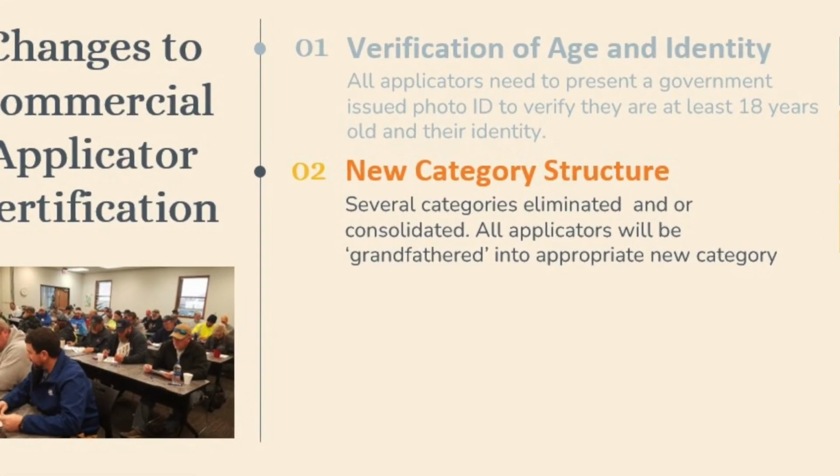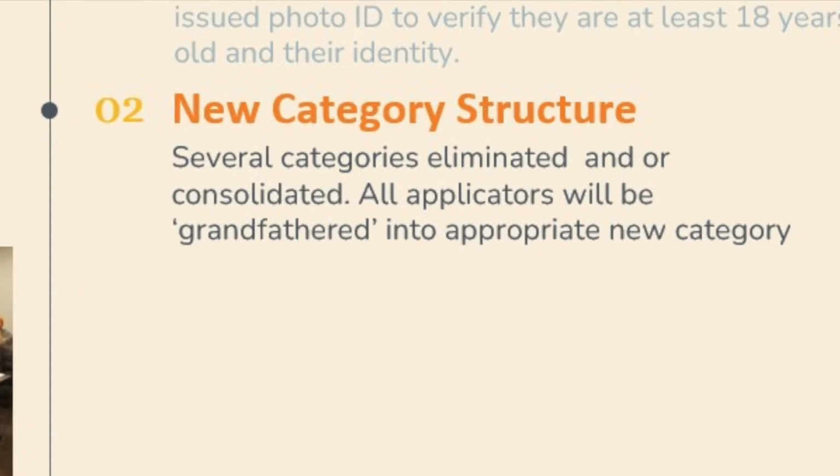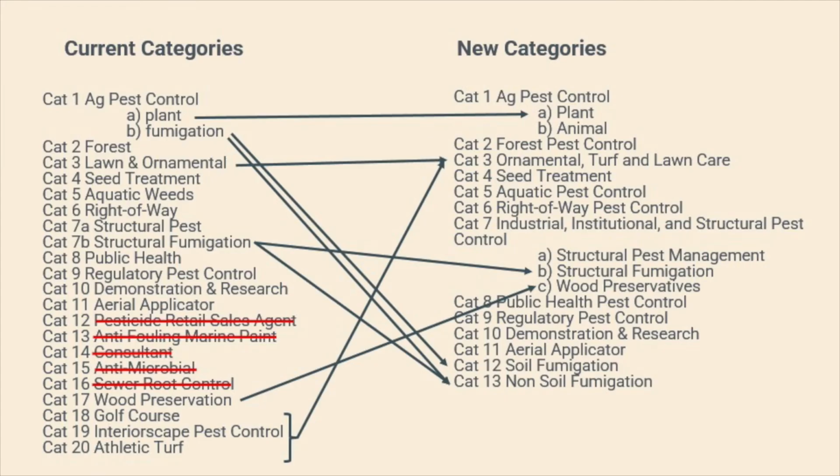One of the next changes would be there's going to be a new category structure. Currently, we have 20 different categories of pesticide applicators. That's going to be reduced to 13 categories. Some people that have been required to be certified in the past may not be required to be certified in the future.